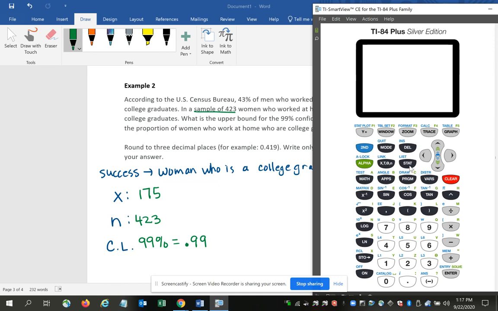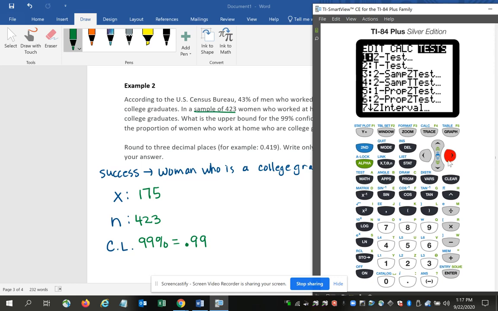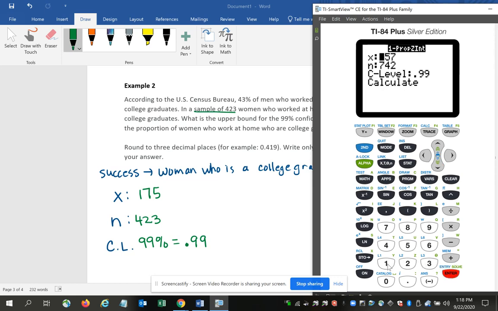So again, we go to Stat, arrow to the right to highlight test, scroll down till you find 1-PropZInt, it's option A. Select it. My number of successes was 175.